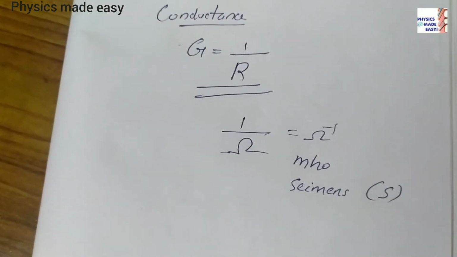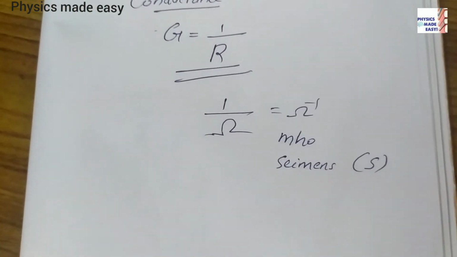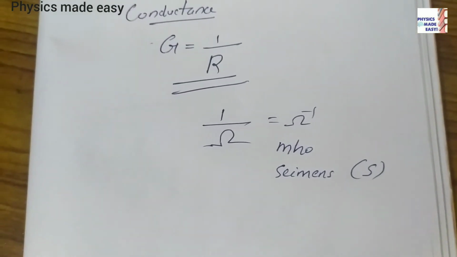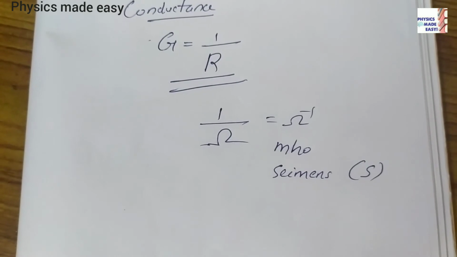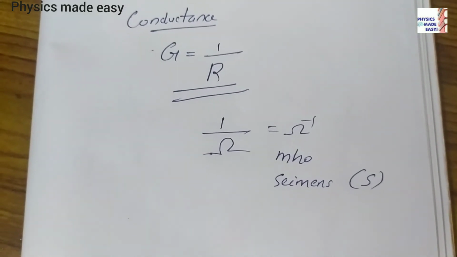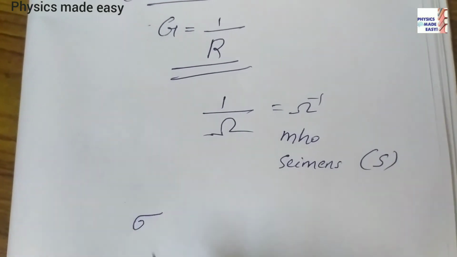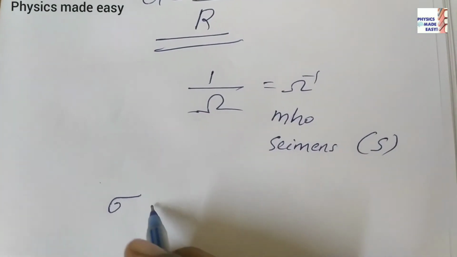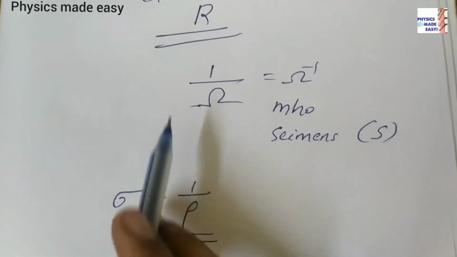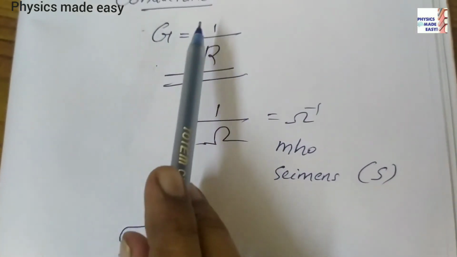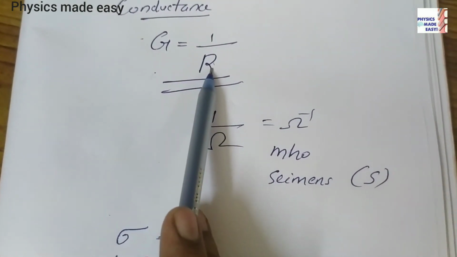Then conductivity. Conductance is the reciprocal of resistance. Then how can we define conductivity? The reciprocal of the resistivity of a material is known as its conductivity, denoted by the letter sigma. Then we can write sigma as 1 by rho. This is conductivity, and G is conductance, 1 by R, the reciprocal of resistance.